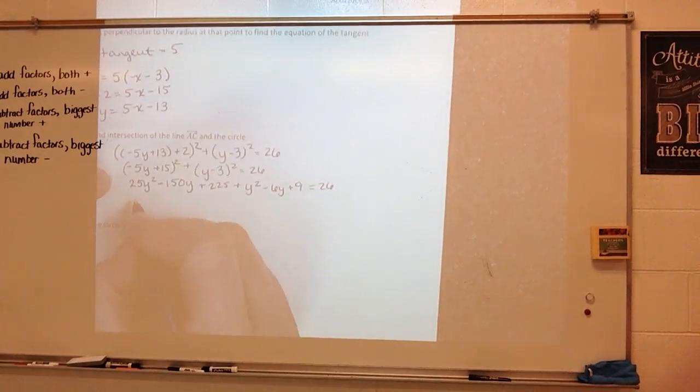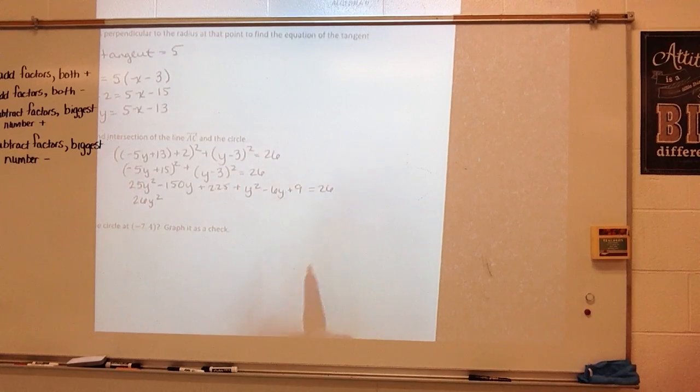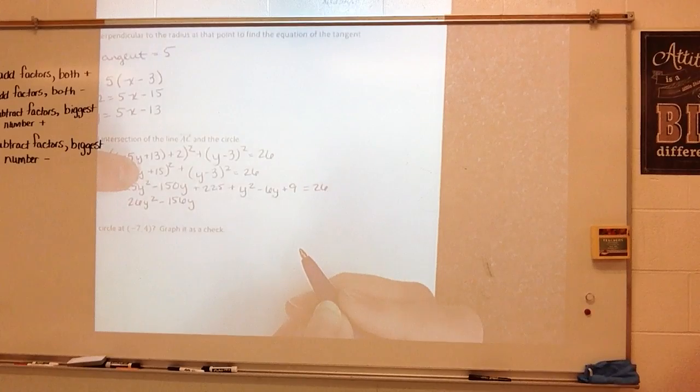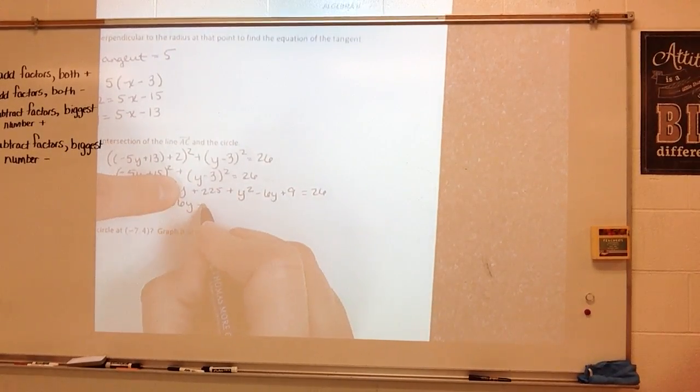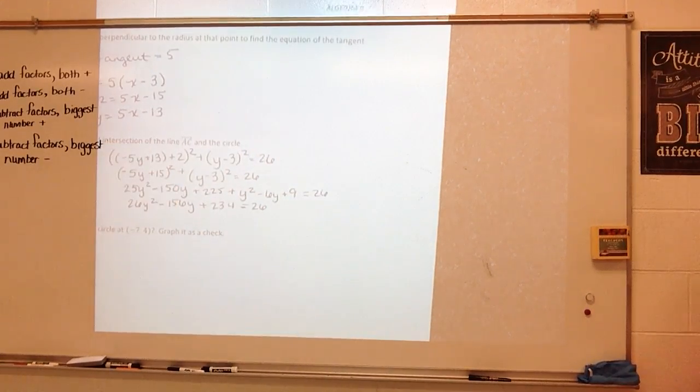All right, so I get 26y squared, negative 156y plus 234 is equal to 26.